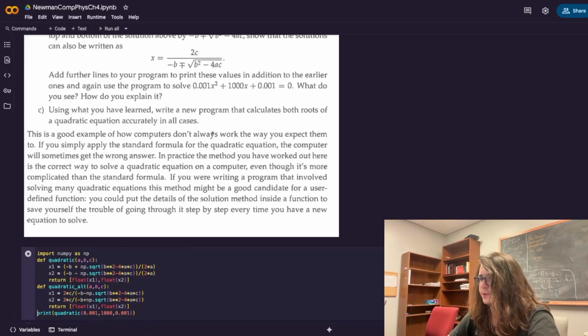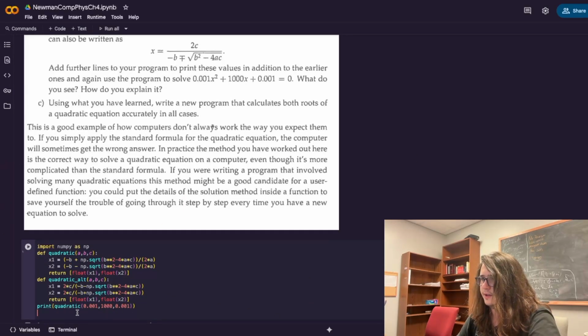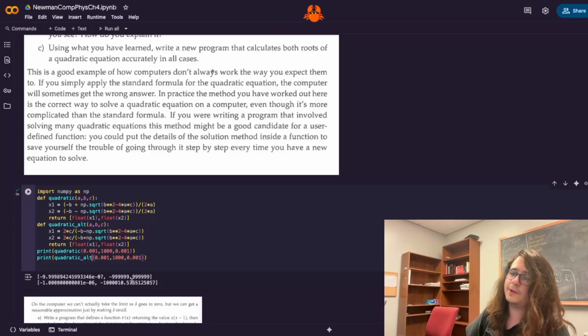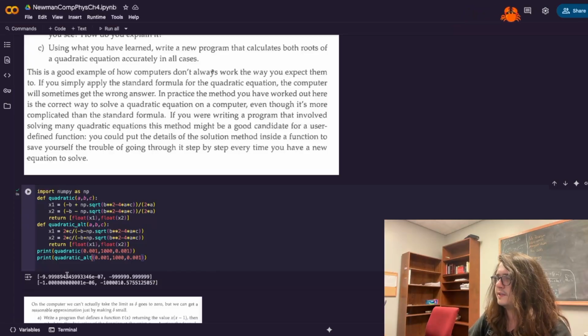And we can try printing out the result of that as well. So this is going to be quadratic alt of the same arguments. Okay, notice how the values differ, of course. Like I said, this is about 10 to the minus 6, so that's what it's printing out now.